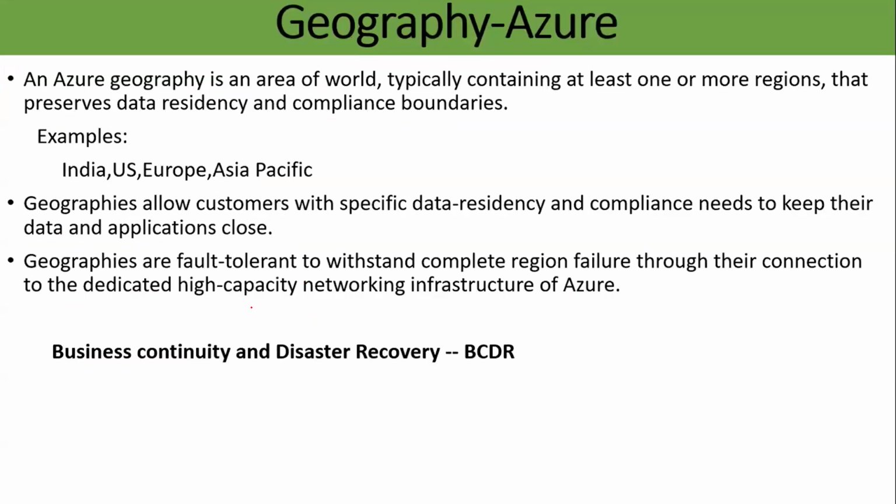So see, this is the disaster recovery which I was talking about, the DR, BCDR, business continuity and disaster recovery. Means if any geographical fault happens in the availability zone, it goes to the DR, the disaster recovery here. Okay, see, if you look at this example here, an Azure geography is an area of the world typically containing at least one or more regions that preserves data residency and compliance boundaries.